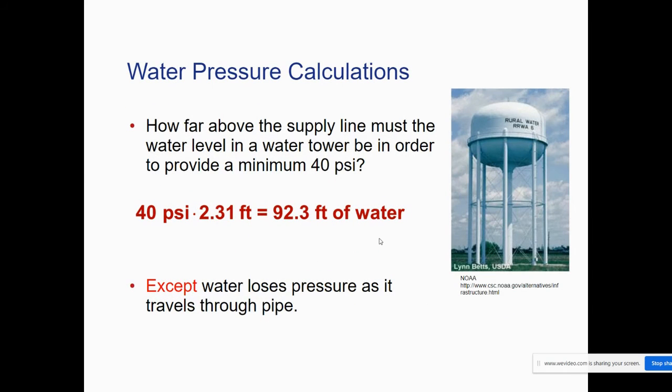The way you would back calculate is if you need a minimum of 40 PSI, and every 2.31 feet gives you 1 PSI, so you did the multiplication, you would find that at a minimum, a water tower needs to be 92.3 feet tall. All right. And so if your house happened to be literally right next to the water tower, the water tower would need to be 92.3 feet tall.